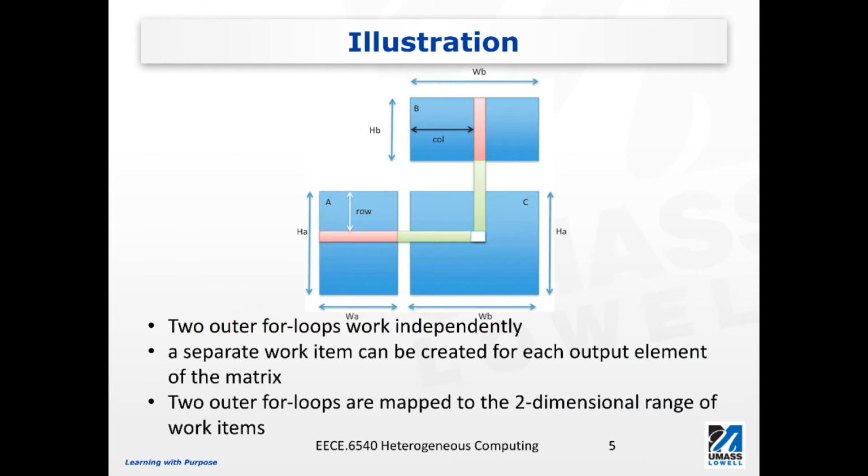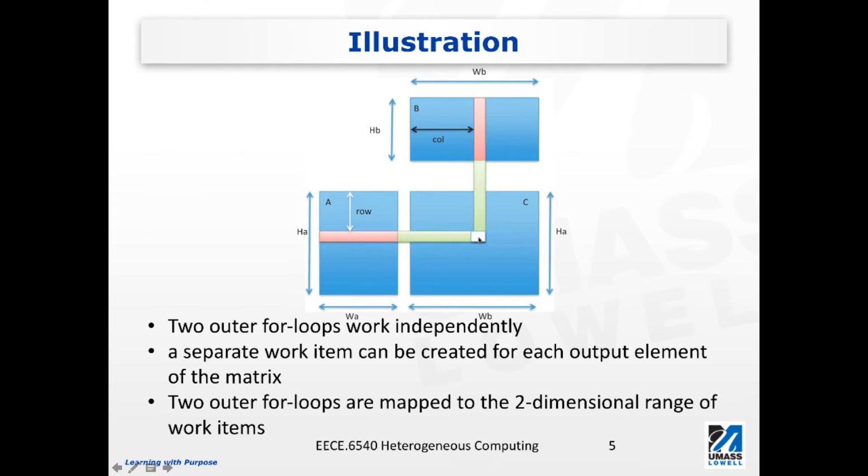Now, to look at this solution from another angle, we're showing here the same diagram. We're trying to calculate each element in the matrix C using the dot product of a row vector of A and a column vector of B. As we can see from this diagram, and also from the previous implementation in the C code, the 2 outer for loops work independently.